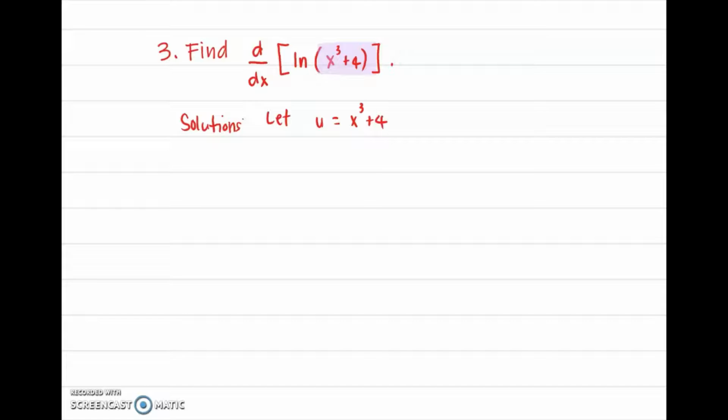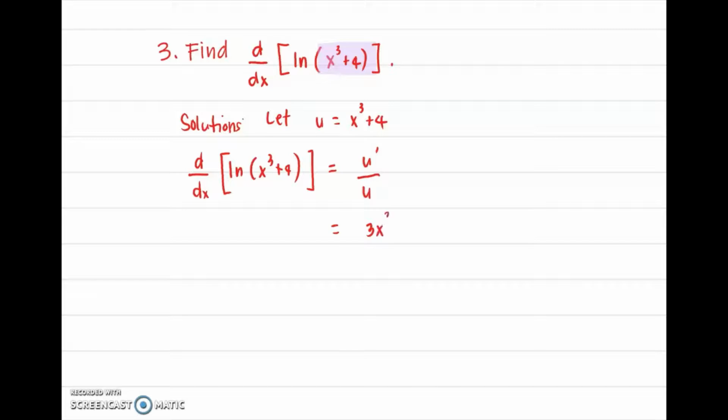Now you may start finding the derivative. So the derivative of the natural log of x cubed plus 4 is equal to u prime over u, and the derivative of our u is 3x squared.